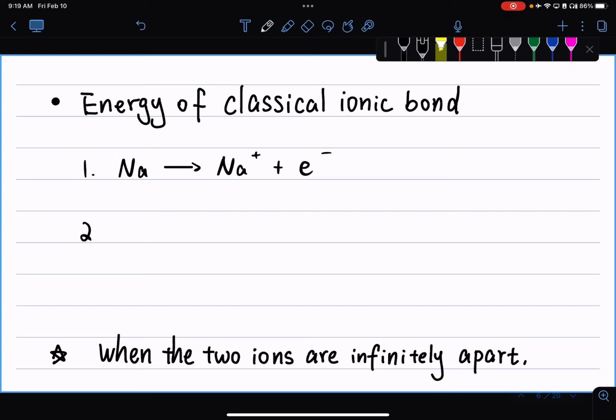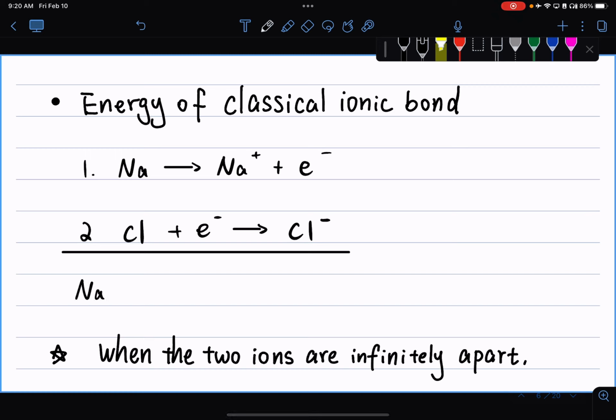Second reaction of interest is chlorine gaining an electron to form chloride minus. So if we write the overall reaction from 1 and 2, on the left-hand side we have neutral sodium plus neutral chlorine to form sodium plus and chloride minus. So in this process, we're thinking about sodium plus and chloride minus being infinitely apart. They're not interacting with each other.